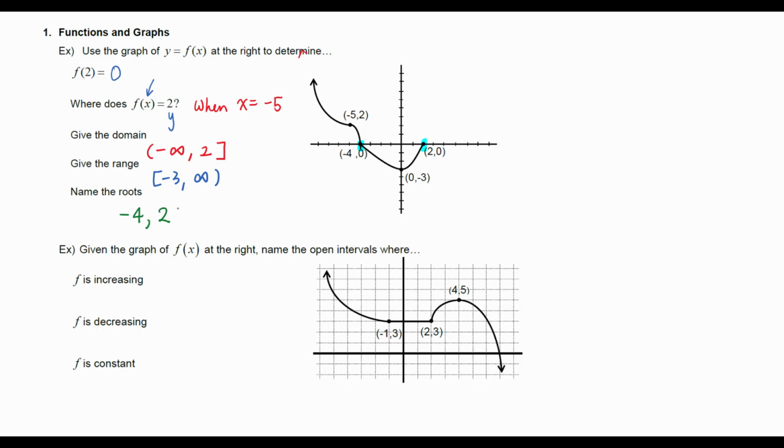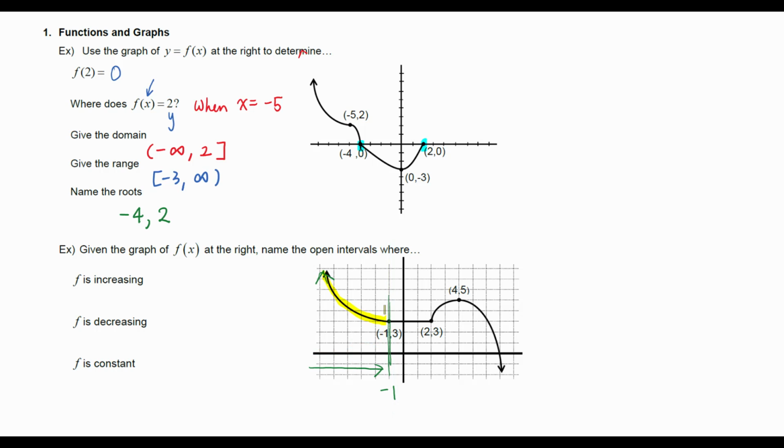As this graph has an arrow to the left-hand side, it is going forever to the left. So from negative infinity, you look at the graph from left to right, up until x equals negative 1. You can see your graph is going down, down, down from left to right.